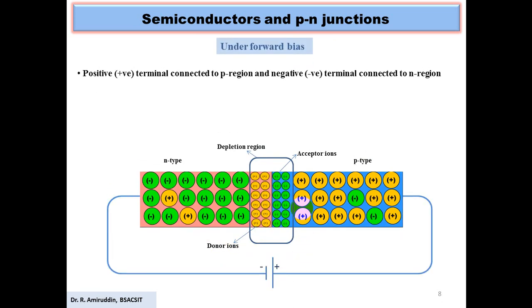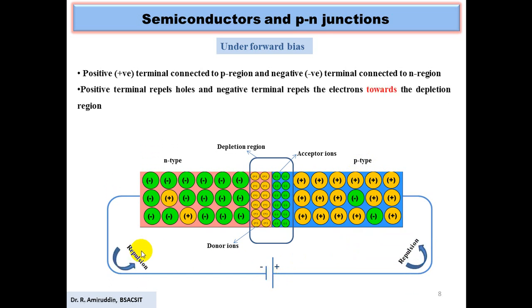Now let us consider what happens under forward bias, which means the positive terminal of the battery is connected with the P-type semiconductor and the negative terminal of the battery is connected with the N-type semiconductor. Like charge carriers repel: the negatively charged N-type semiconductor is connected with the negative terminal of the battery, and the positively charged P-type semiconductor is connected with the positive end of the battery, because of which there will be repulsion between these charge carriers.